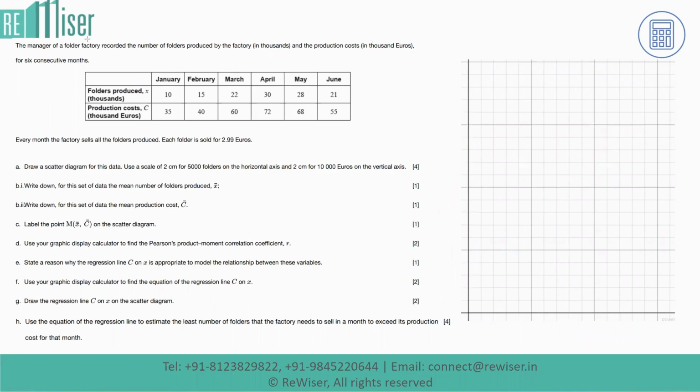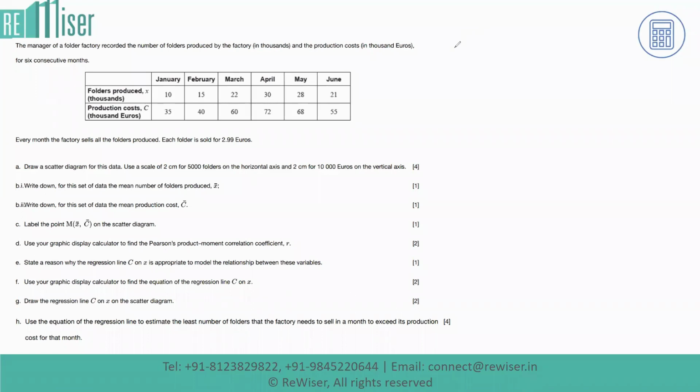Now, part B. In B part 1, we need to write down, for this set of data, the mean number of folders produced, which is x̄. Here we are taking the folders as x and the cost as c.